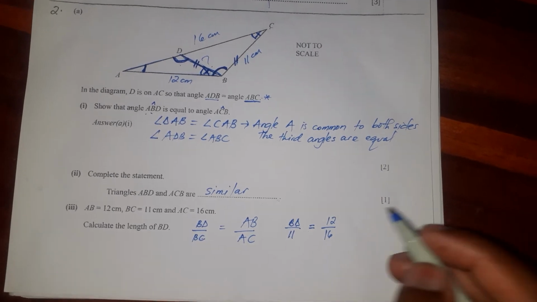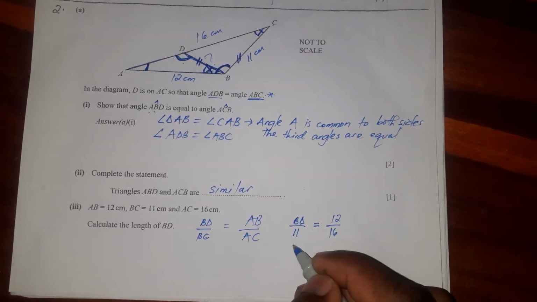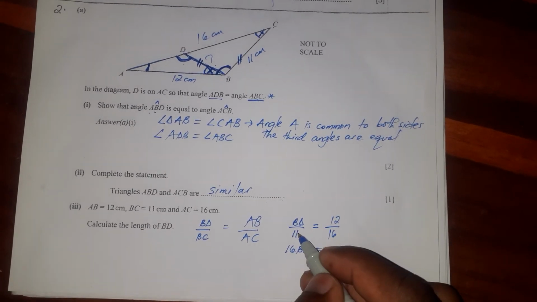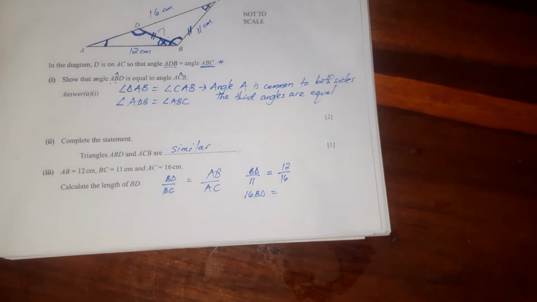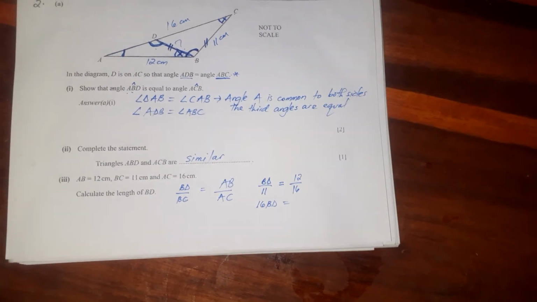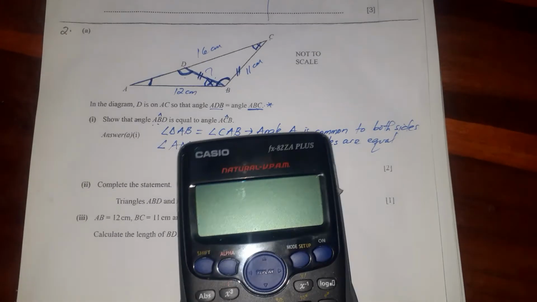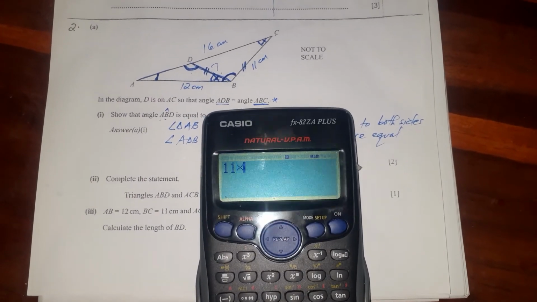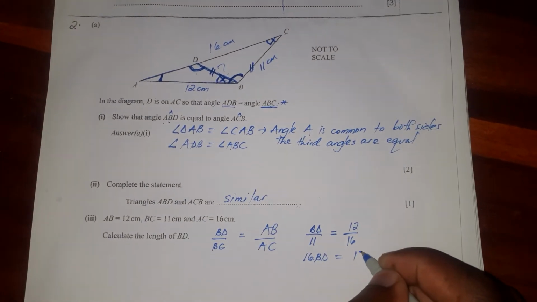Then we can cross multiply. We multiply BD times 16, then we're getting 16BD equal to 11 times 12. 11 times 12, we are getting 132.